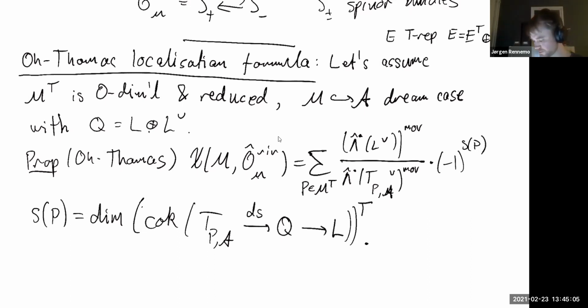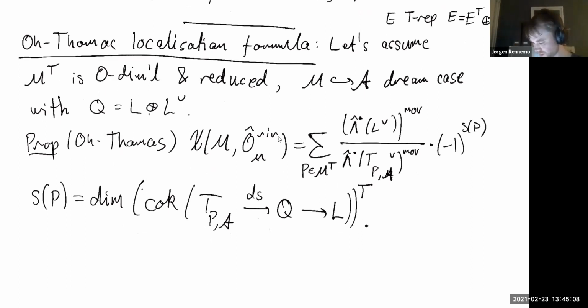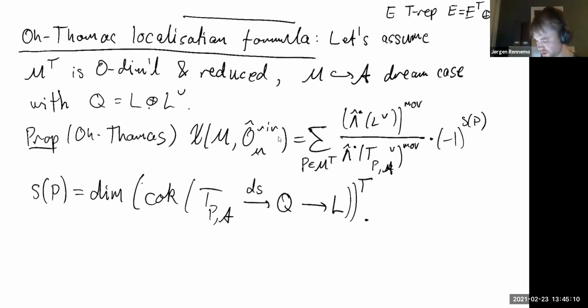So I'm at a fixed point P. I have my section S, which is what was cutting out M. Taking the differential at the fixed point, this section defines for me an inclusion of this tangent space into Q, and then I project that further down to L, and I try and compute the dimension of the T invariant part of the co-kernel.